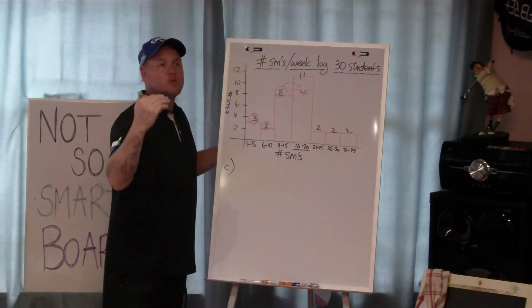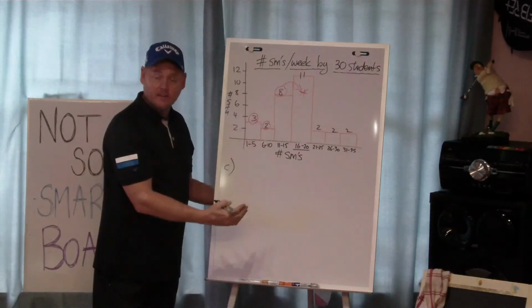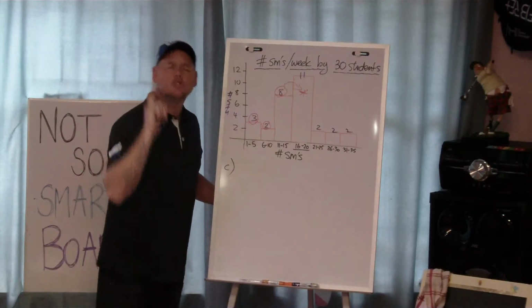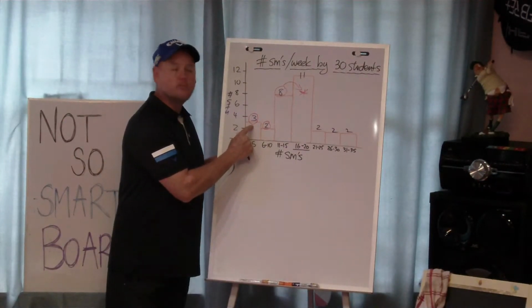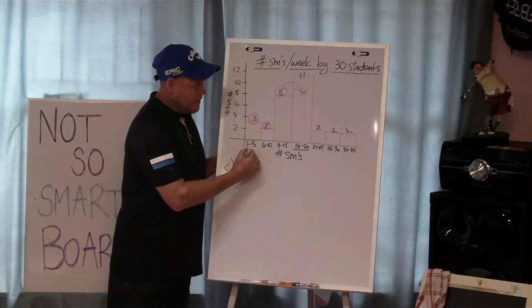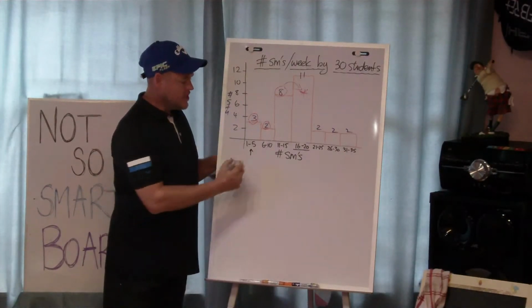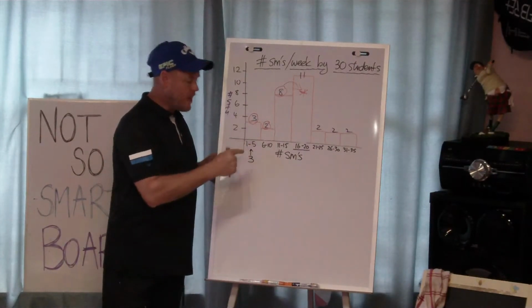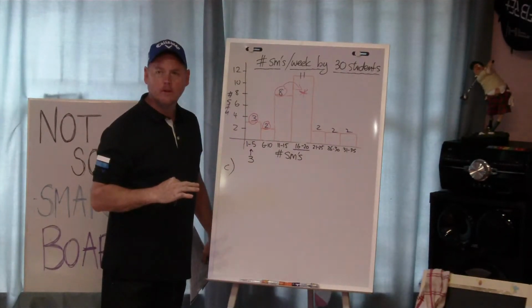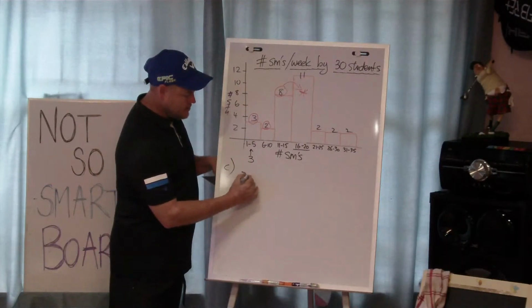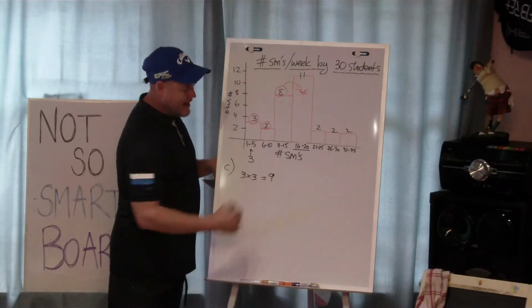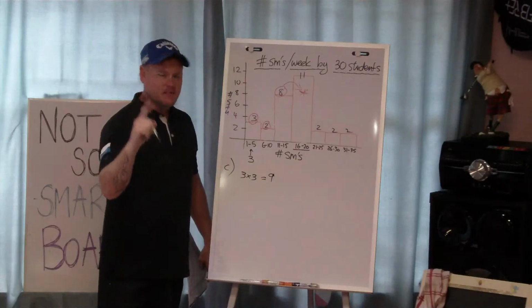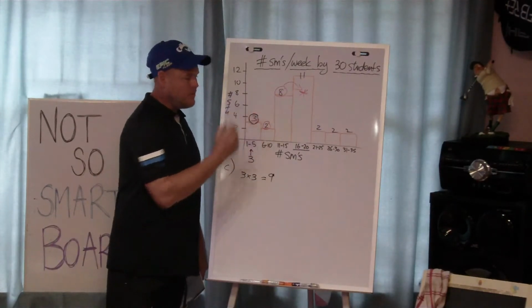So I'm going to assume, and this is how it works in histograms, that all three of these people sent the middle of the interval, which is 3 SMSs each. So if you go 3 times 3 equals 9, 9 SMSs were sent by those 3 people.